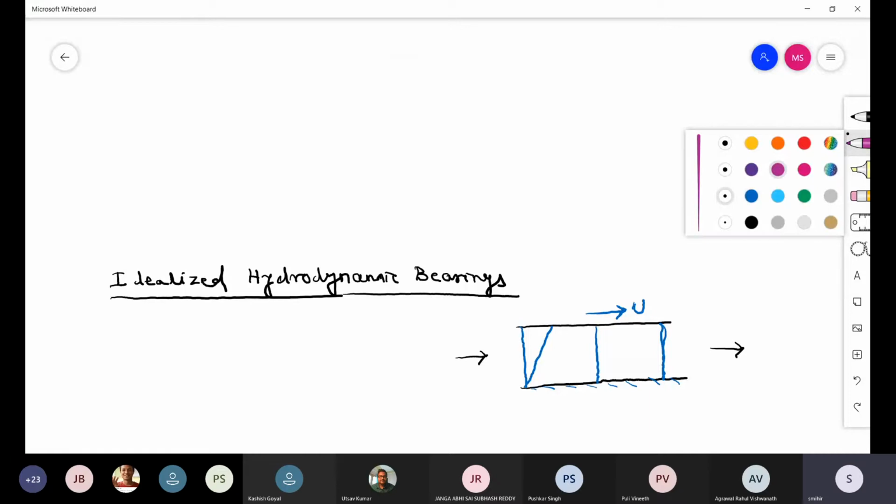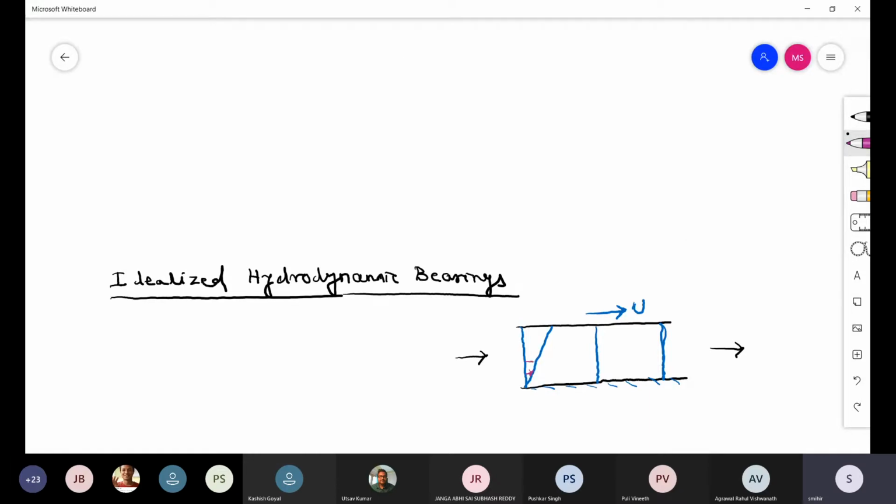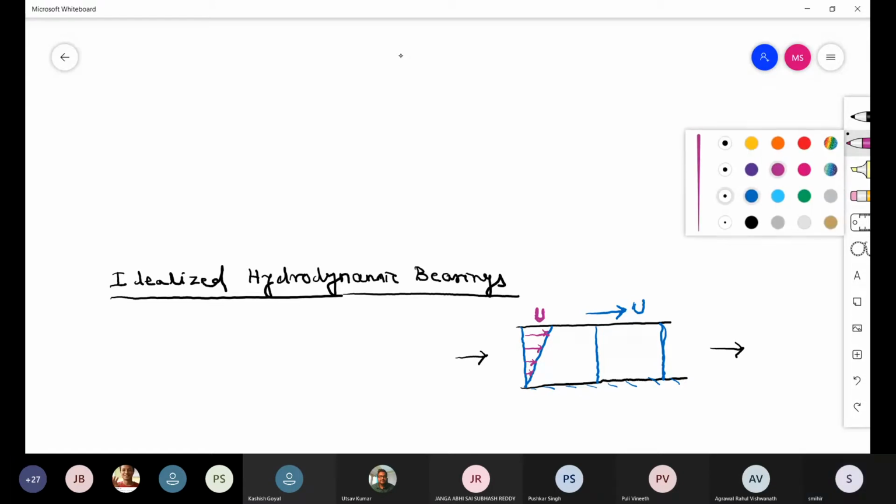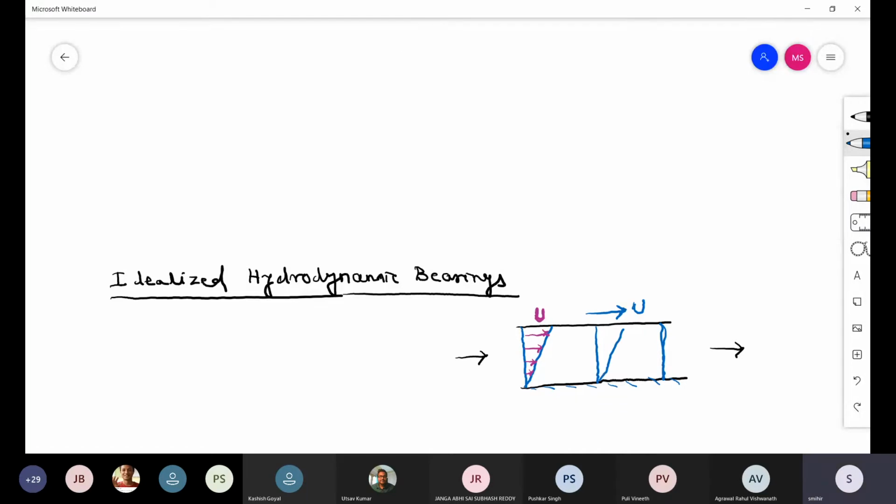At the bottom it will be 0, then it will increase further, and at the top it will become velocity U. Similarly, at the middle zone it will also be the same. At the exit, it will be all the same. So a similar profile you will find at these three zones.